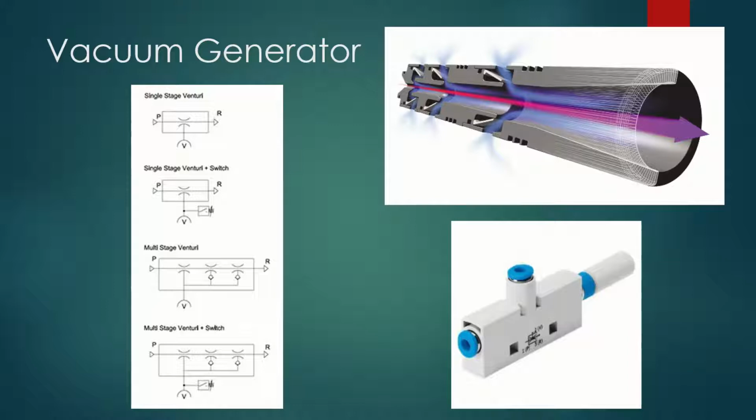It wouldn't be a very practical application to create a vacuum with some compressor when you have compressed air available. So what we use is a vacuum generator, and it uses the Venturi effect. Basically, there are check valves, and as the airstream moves through, it creates a vacuum on a suction cup or something of that nature.